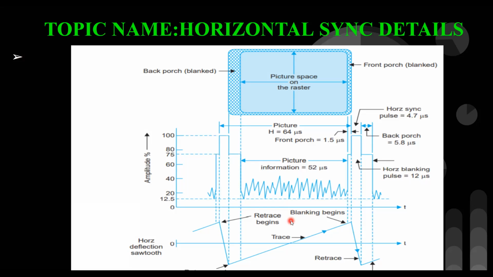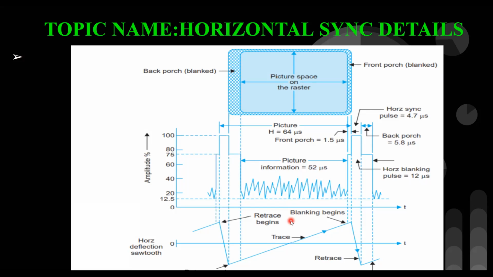This 5.8 microsecond period at the blanking level allows plenty of time for flyback to be completed. It also permits time for the horizontal time-base circuit to reverse the direction of current for initiation of the scanning of the next line.